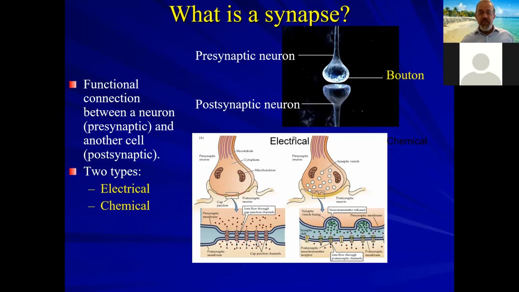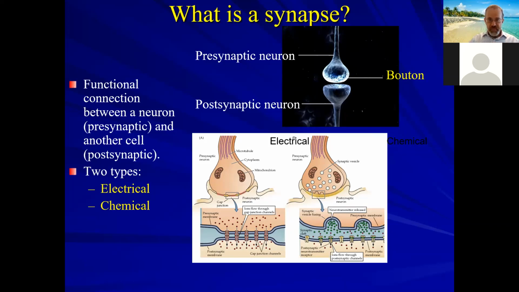We then followed that up by saying once a cell is activated from its resting state, due to a stimulus, it generates an action potential, which is an electrical signal that travels down the length of the cell, down the axon, and the electrical signal reaches the end of that neuron at what's called the axon terminal, or the presynaptic terminal.